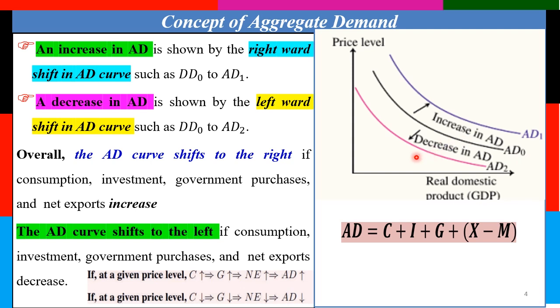In addition to the above factors, consumption, investment, government purchases, and net exports can also affect the aggregate demand.